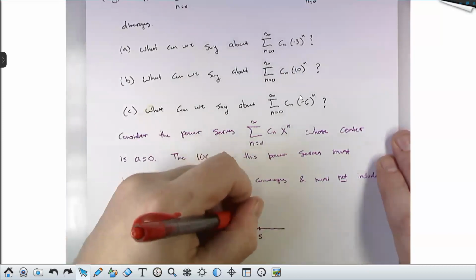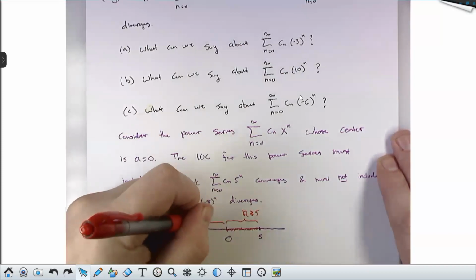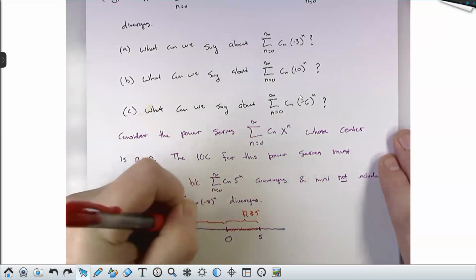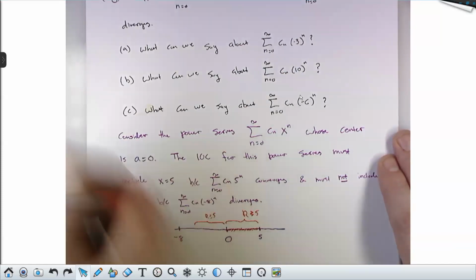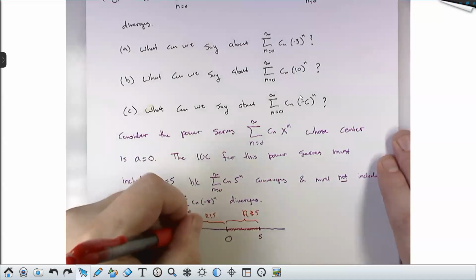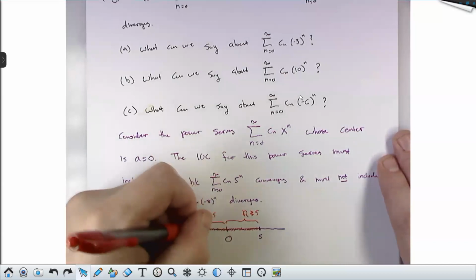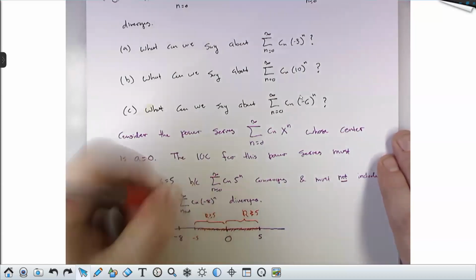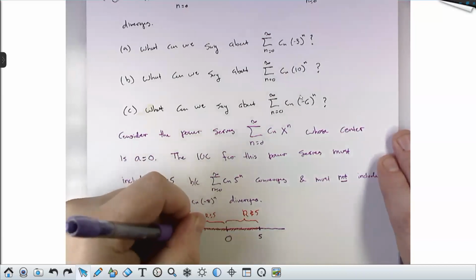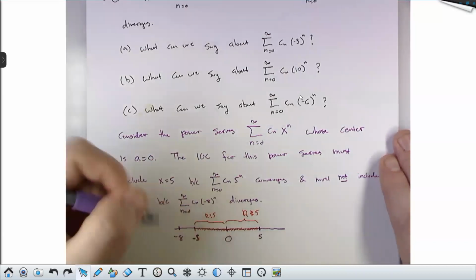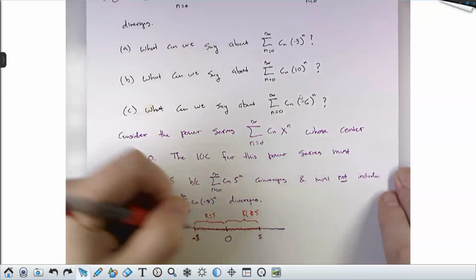Greater than or equal to, which means that I have to extend at least 5 in this direction as well. So everything that I've shaded in red here has to be in the IOC.